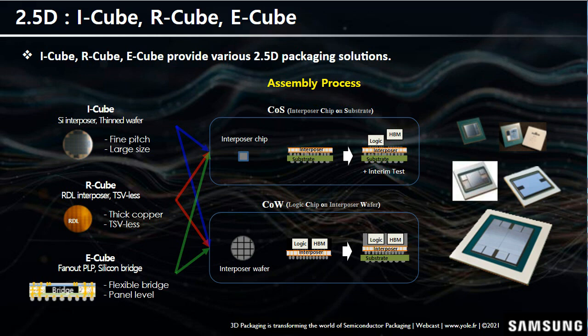On the right side, you can see the I-Cube2, I-Cube4 and I-Cube8 type of package. All the way at the bottom, you can see the 85 millimeter package with almost 4x reticle with 8 HBM2E cubes. So this is a summary of our 2.5D interposer.